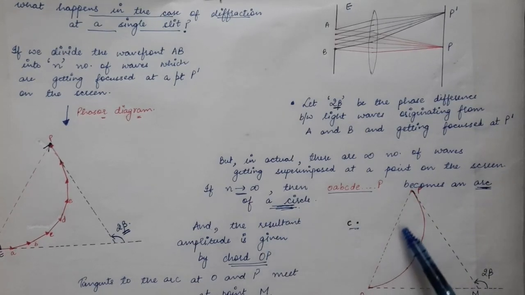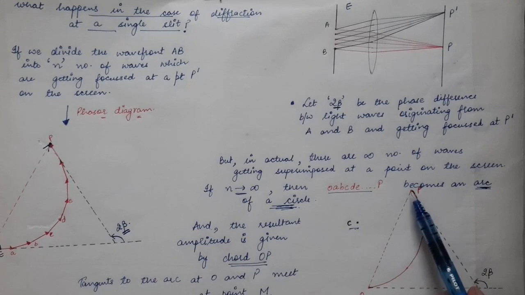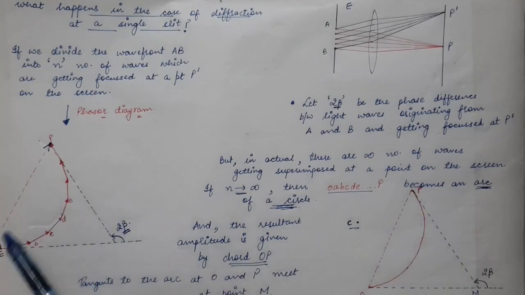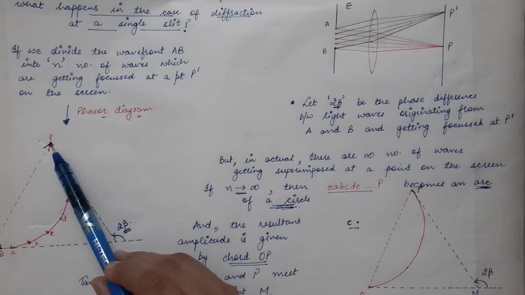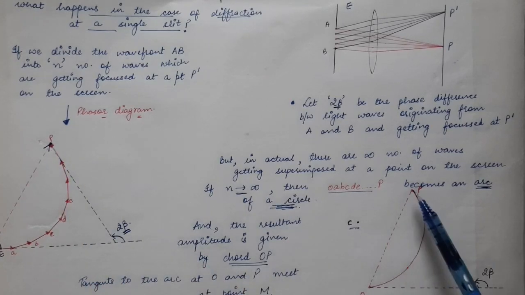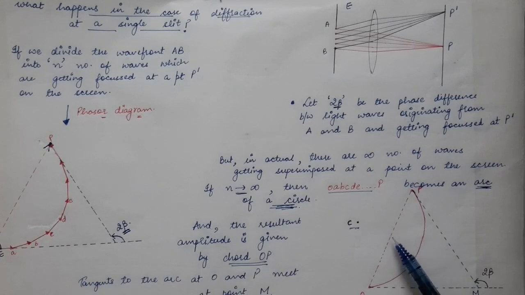So the length of this chord will give us the amplitude of the resultant wave.